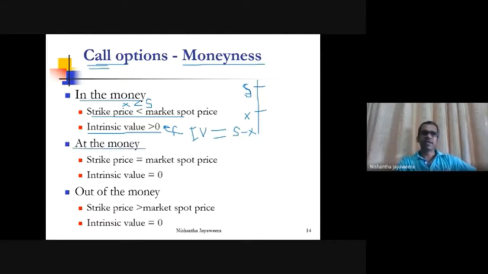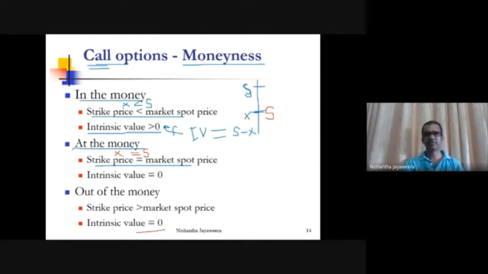We call the option at the money when the strike price and the market spot price are the same. X equals S. Intrinsic value is 0, but any moment the option can fall into in the money, that means positive intrinsic value, or a negative value, or still remain at 0 intrinsic value.